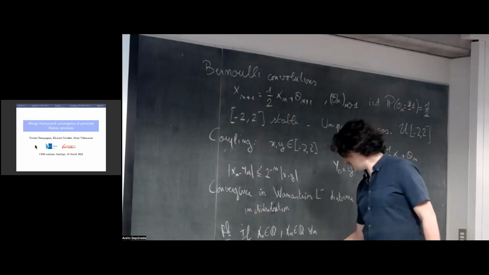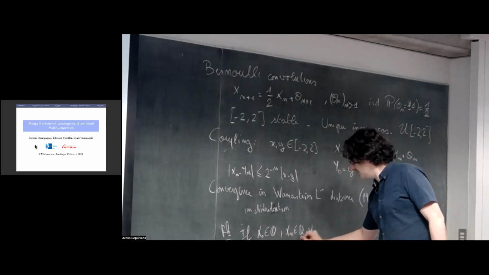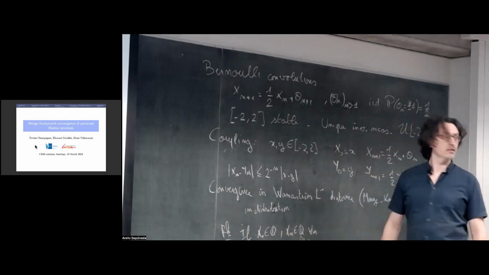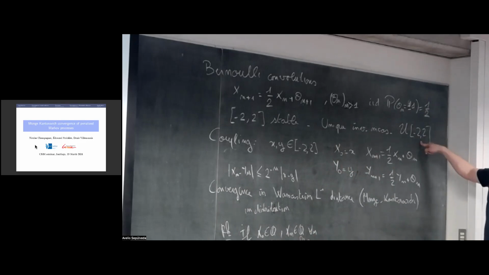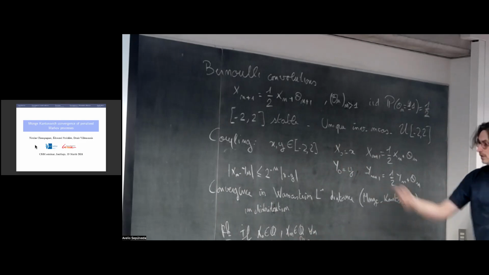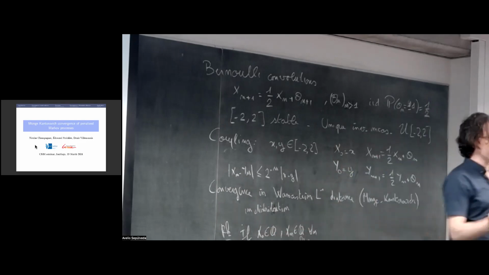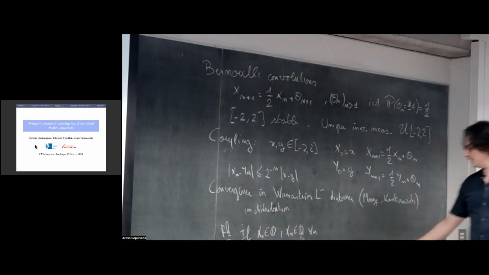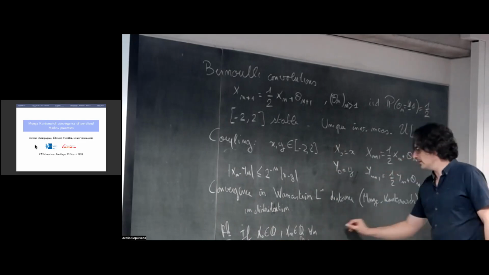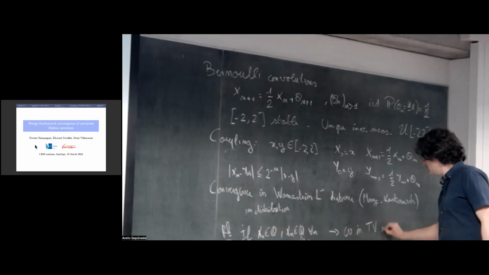And of course, it's the same if it's irrational. And so, of course, you cannot expect to have convergence to some distribution like the uniform one in total variation, because depending on the initial position, you can have singular distributions with respect to the uniform here. So then convergence in total variation is not possible.